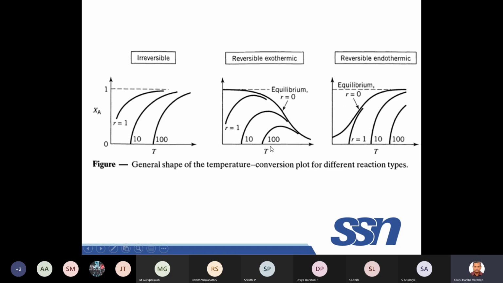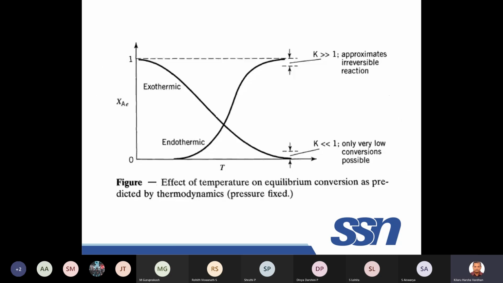As R increases, to a certain extent the conversion will increase and then drops. Because the temperature is increasing in a reversible exothermic reaction, you need to cool the temperature so that your curve comes like this.